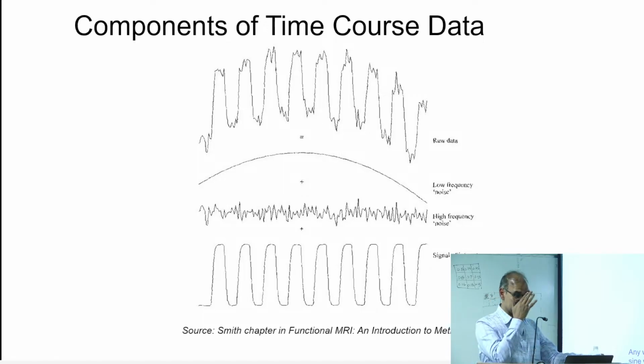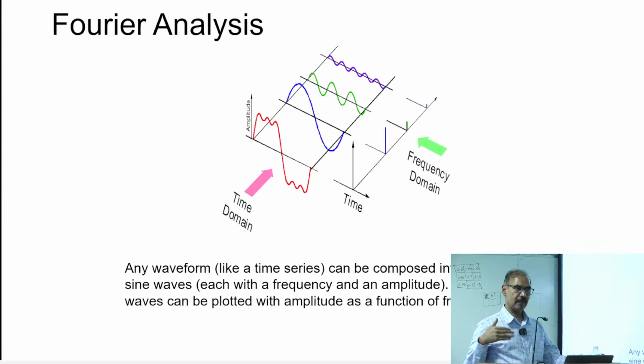So another way to think of it is in terms of Fourier analysis. And as I had mentioned, with Fourier analysis, we assume that any signal can be decomposed into a series of sine waves and cosine waves.